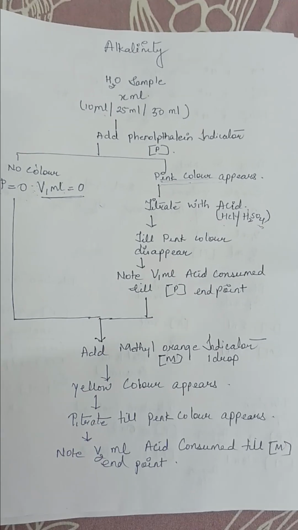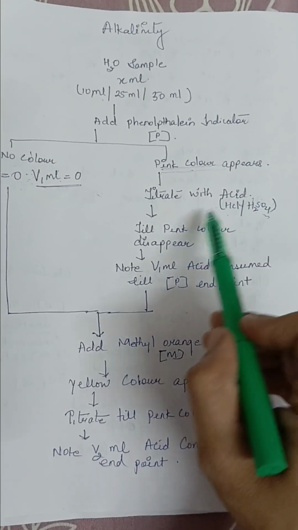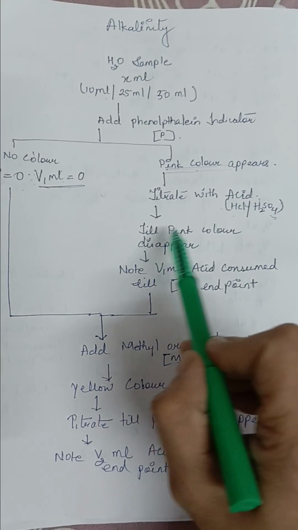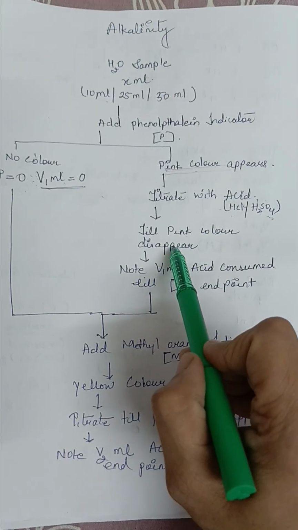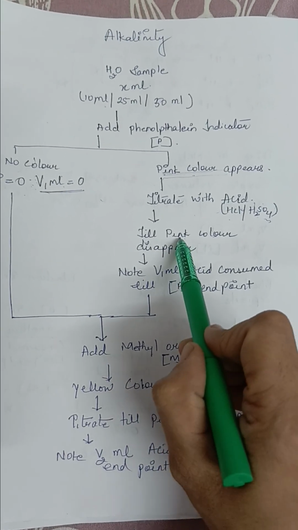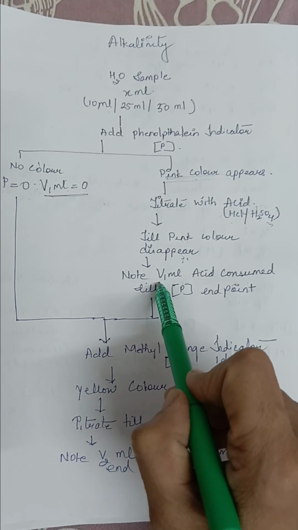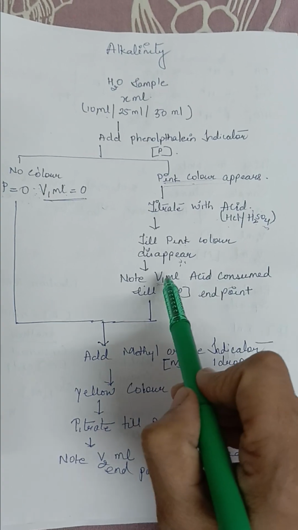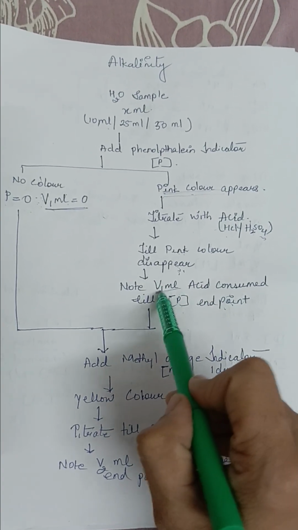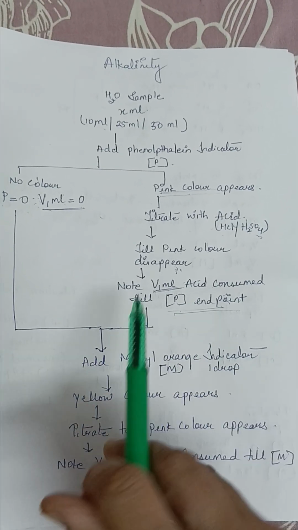After adding the acid drop by drop, we have to come to an endpoint where the pink color totally disappears from the solution. Whenever the pink color disappears, we stop the titration and note the consumption of acid till the phenolphthalein endpoint as V1 ml.